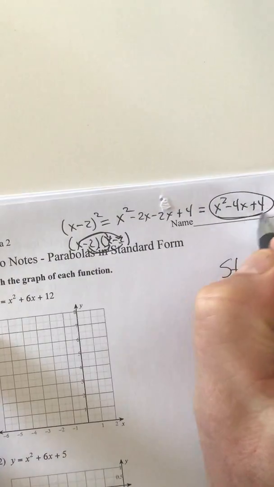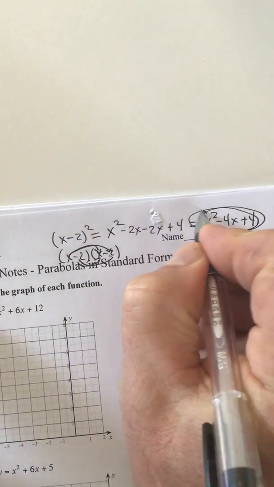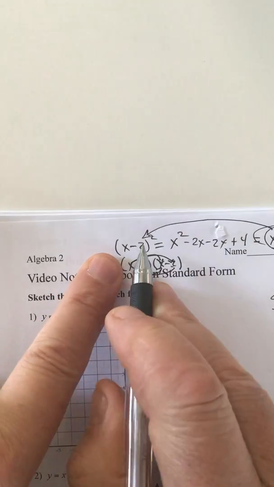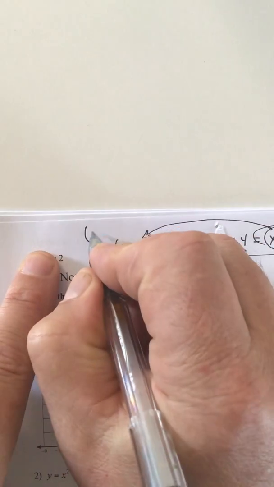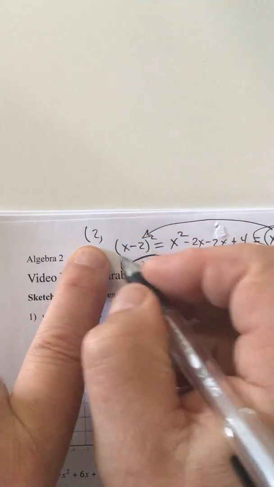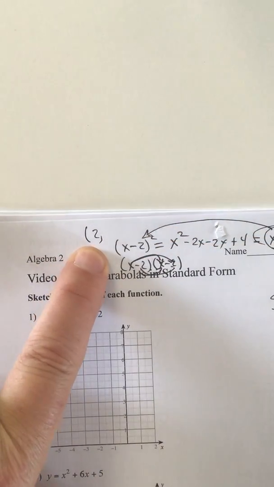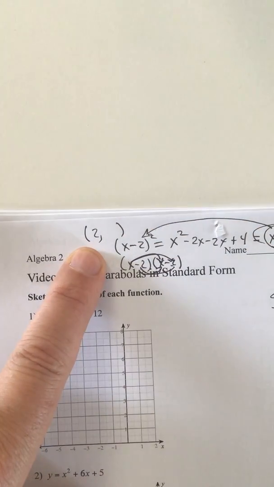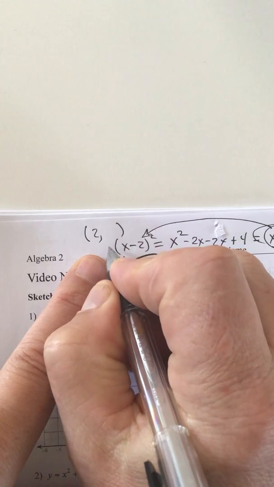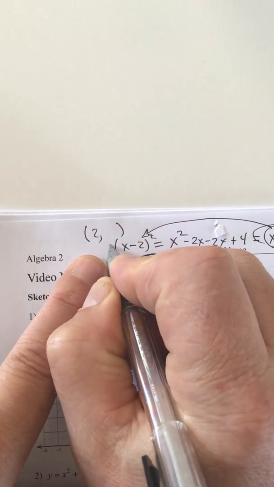This is standard form. What I'd like to do is get it back to this, because this is vertex form. This is a positive 2 on the x number. I know that x number is 2, and then if we had something for the y, we would know the y variable also, and we would have a starting point for the vertex. And there might be a number in front of this. Right now, it would be an implied 1.